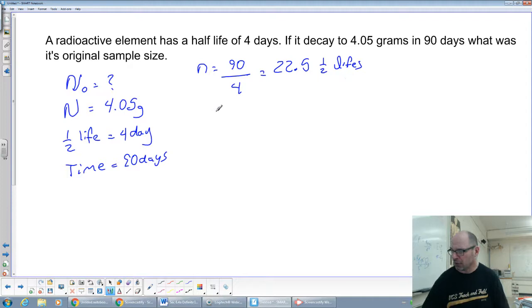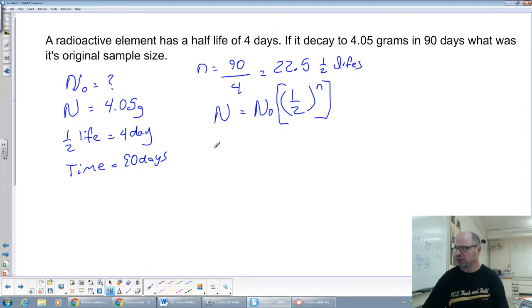So now we put in the original equation: N equals N0 times 1/2 to the power of little n. You can have those big brackets to remind you to do this first if you want. It's not needed. So our future sample, what is the original sample size? That one right there. Our future sample is 4.05 grams of radioactive material.